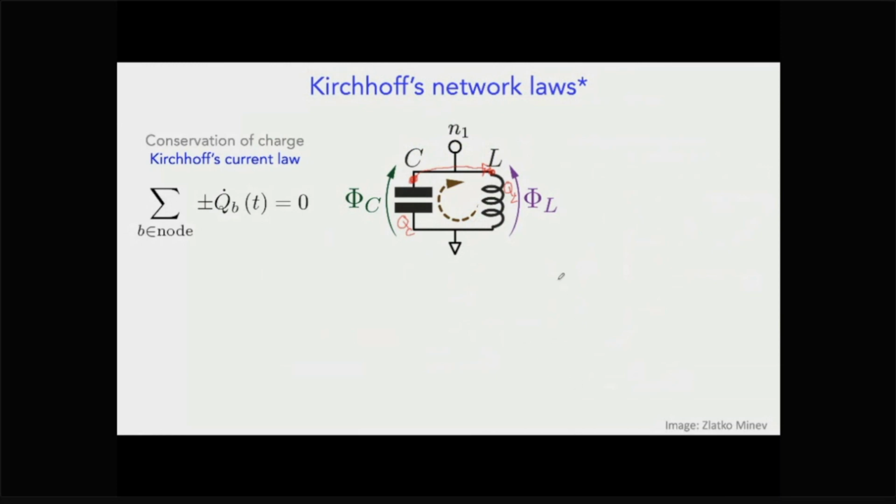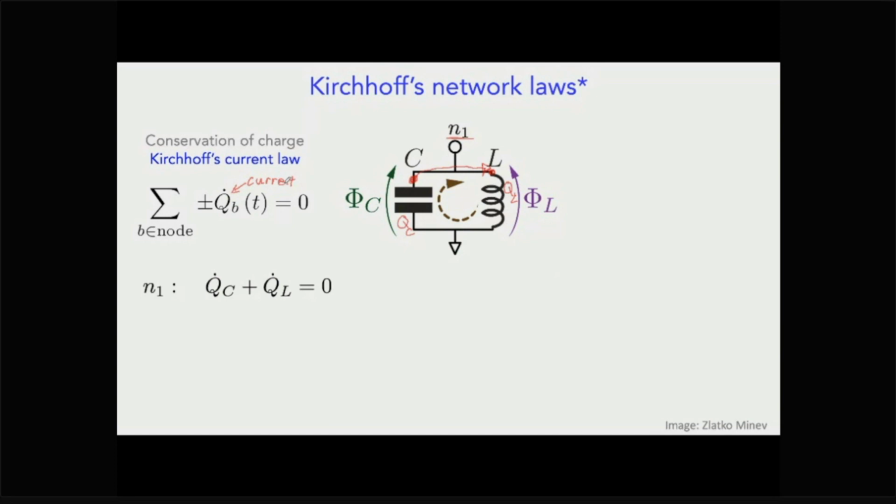And so Kirchhoff's current law tells us that the sum of the currents into a node, such as this node N1 depicted up here, has to be 0. Remember that Q dot is nothing but the current. The plus minus sign is determined by the relative orientation of these little arrows.